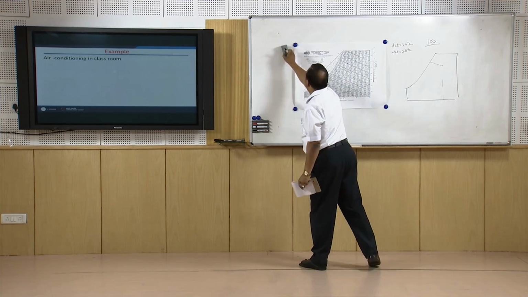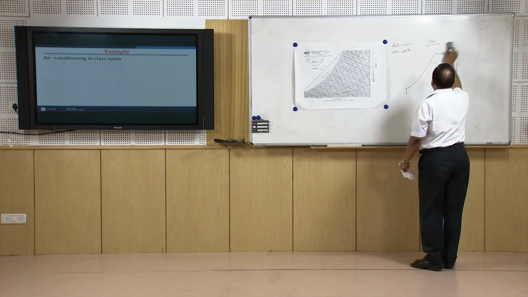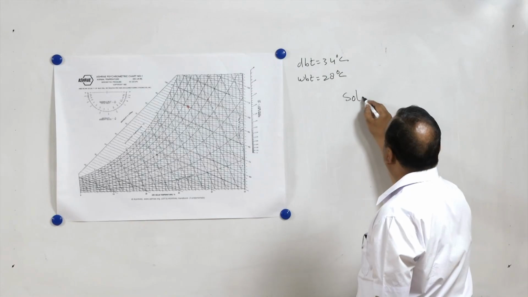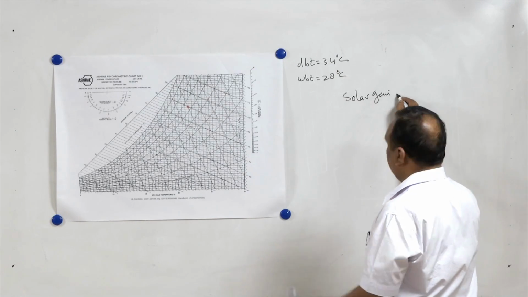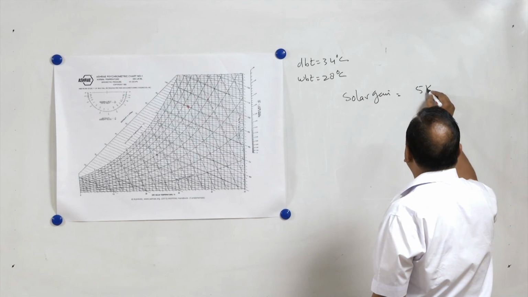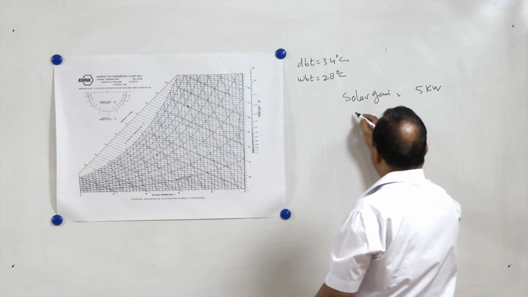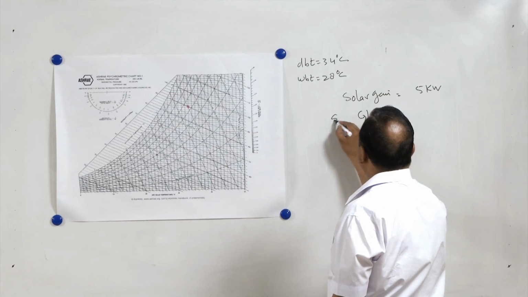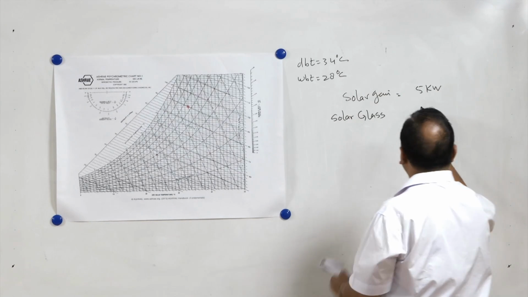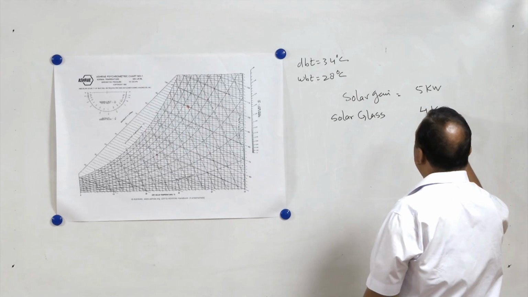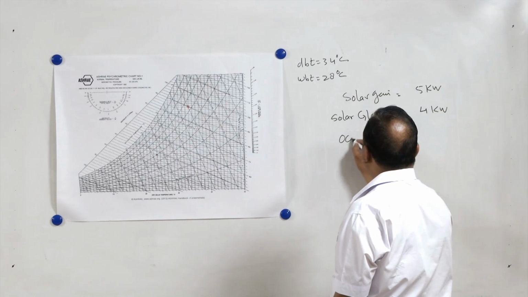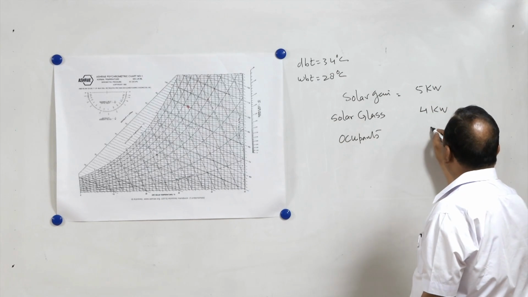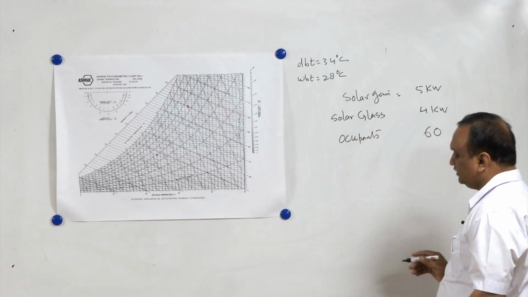Let us take solar gain. Suppose it is 5 kilowatt. Solar heat coming from the glass is, let us say, 4 kilowatt. Occupants: let us take 60, a standard classroom, 60 students.